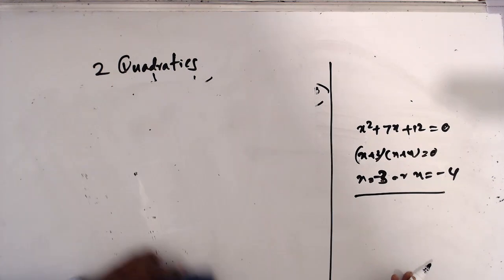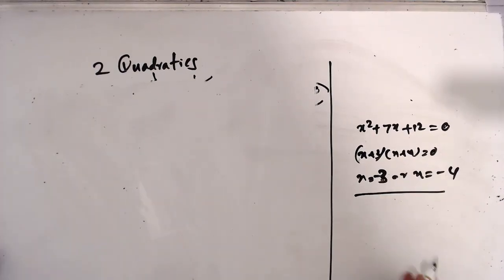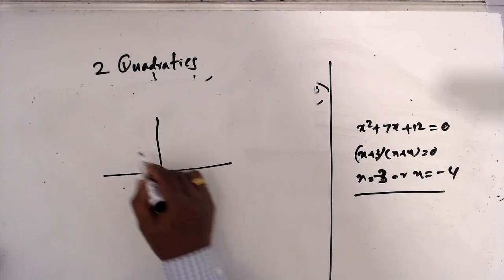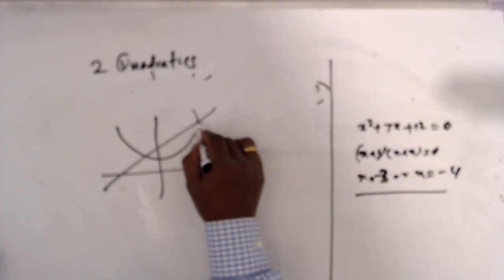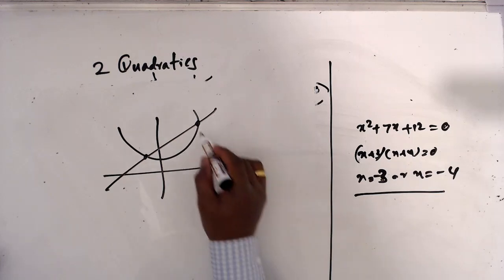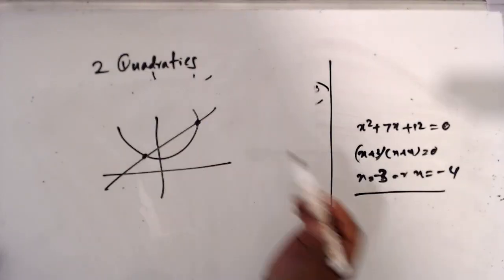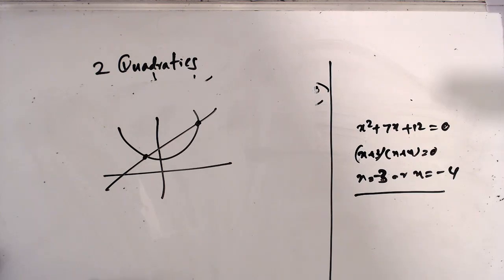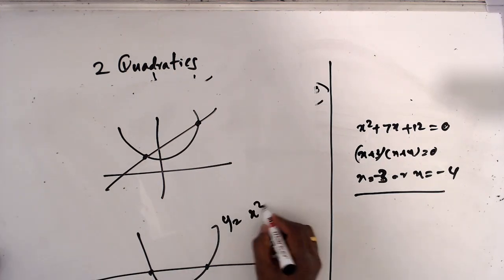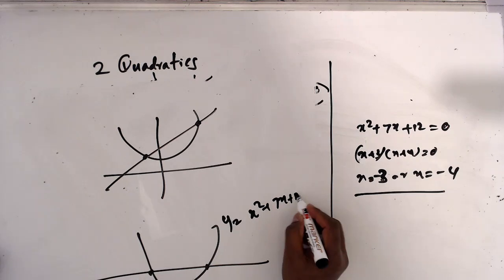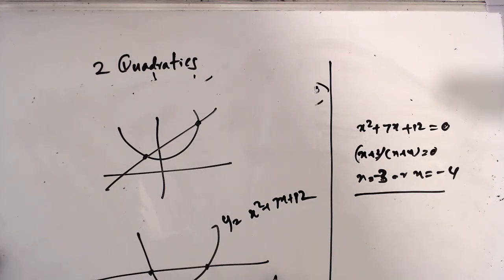You can conclude that it could be the x values of two intersection points, or it can be a root of another equation, a root of the y equals x square plus 7x plus 12 function or graph. So that's all basically.